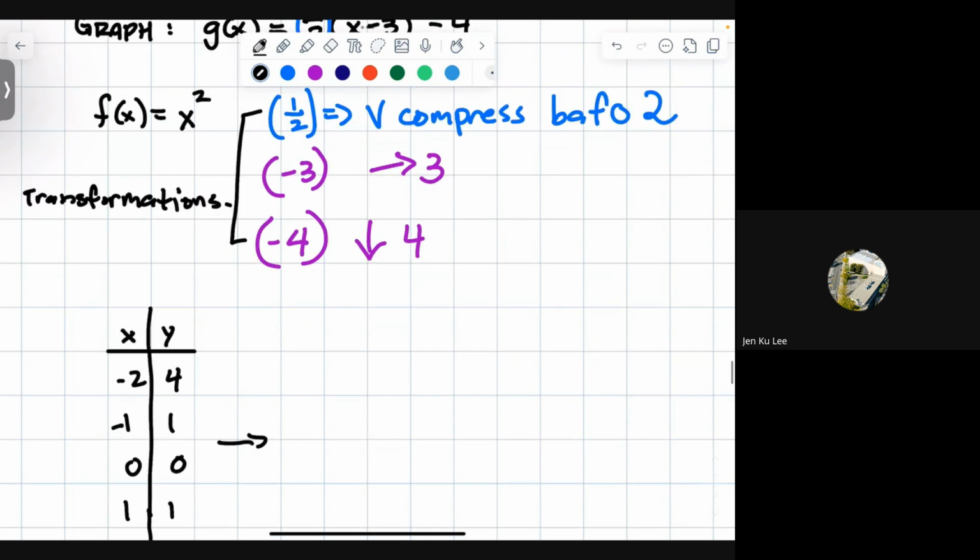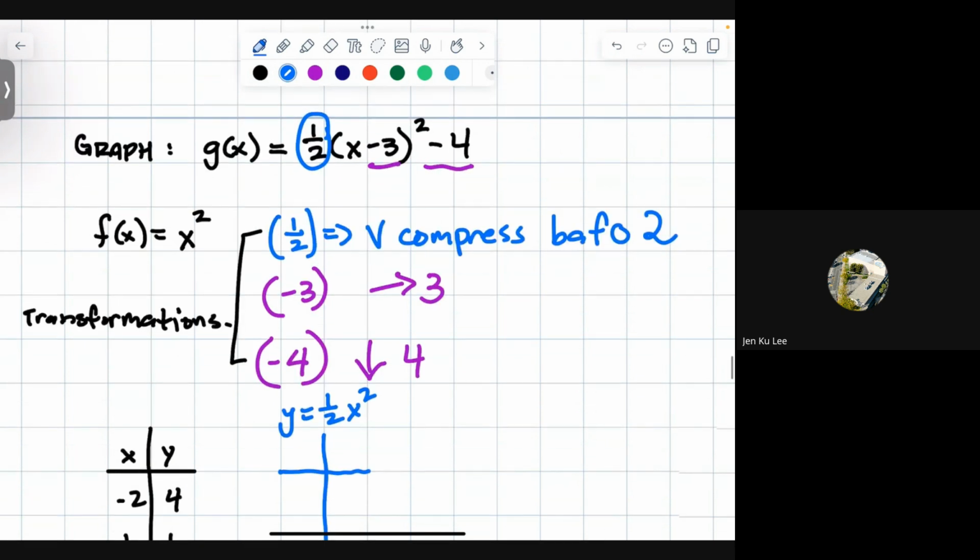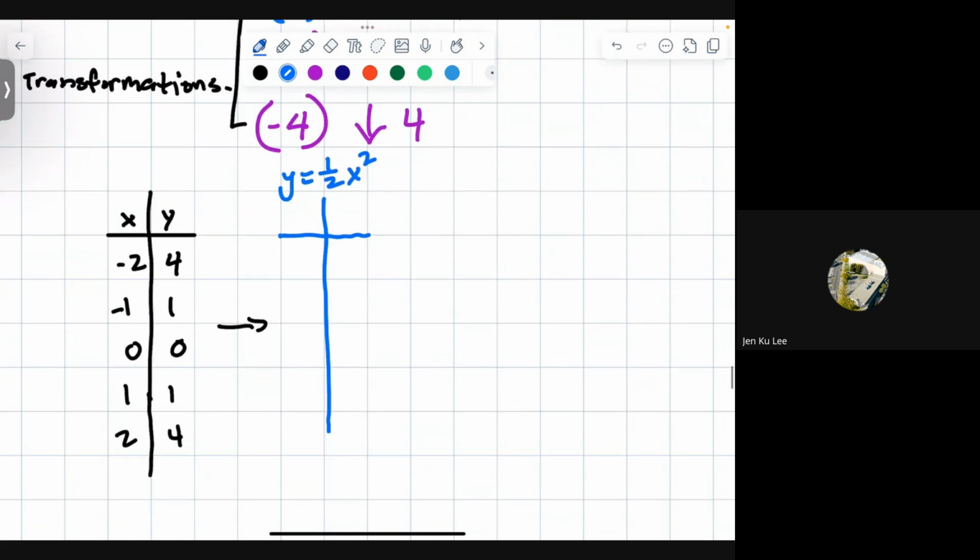And then if I vertically compress it by a factor of 1/2, that means that's going to be y equals 1/2 x squared, right? So my x and my y value, (-2, 2), (-1, 1/2).